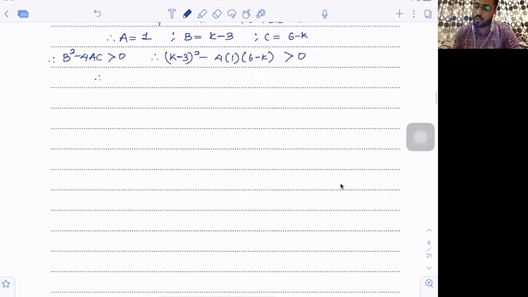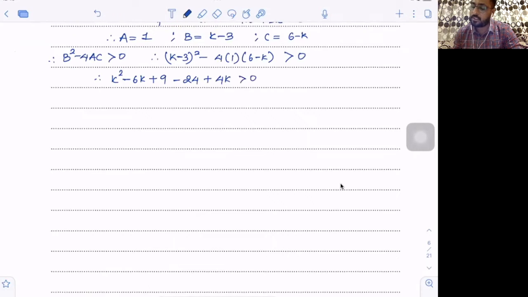Let's simplify this. I'm going to expand (k minus 3) the whole square. It's like (a minus b) the whole square: a square minus 2ab plus b square. So I get k square minus 6k plus 9, right? Then I have minus 4 multiplied with 6 minus k, so I should be getting minus 24 and plus 4k.